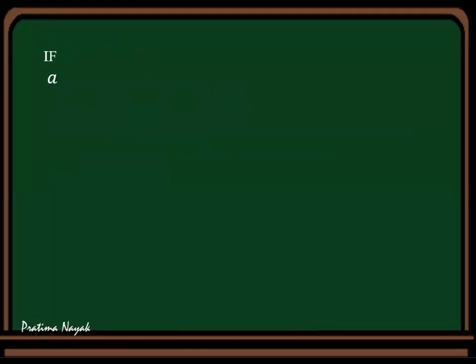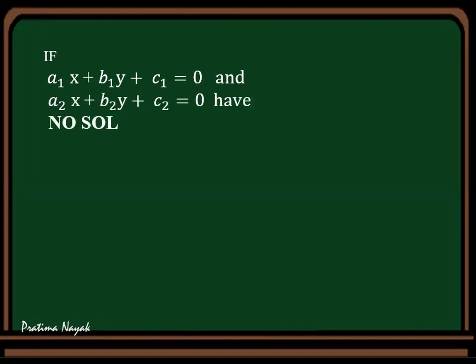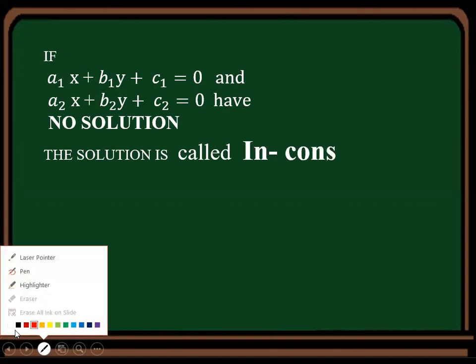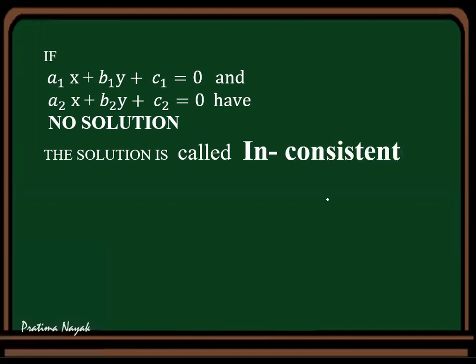Similarly, if they have no solution, the solution is called inconsistent. When we are getting parallel lines, we say no solution or we say the solution is inconsistent.